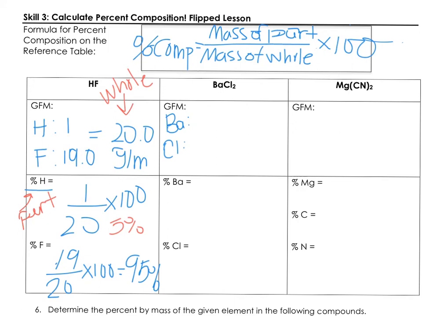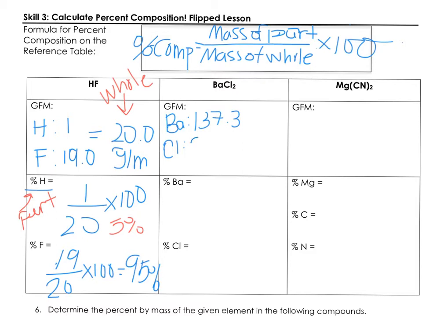Alright, so we're going to do the exact same thing for BaCl2, which is barium chloride. The first thing that I have here is my barium and my chlorine written out. So I'm going to take a look at my reference table, and I'm going to look up the atomic mass of barium, and if I do that, I'm going to get 137.3. And if I look up chlorine, first of all, I'm going to note that there are 2 chlorines.